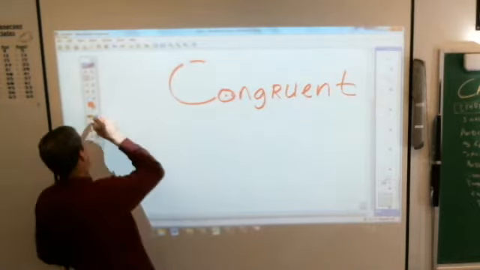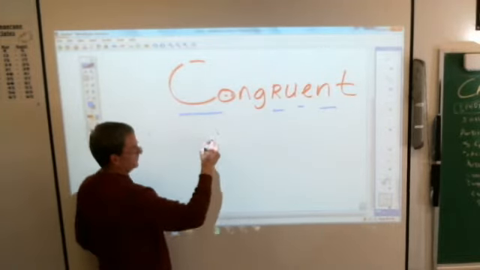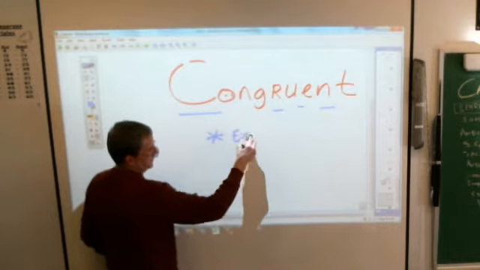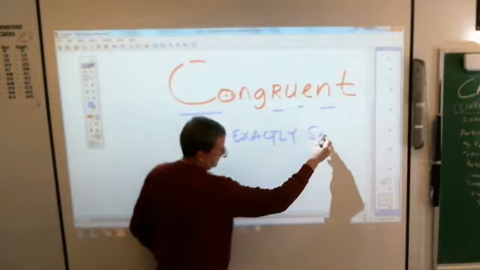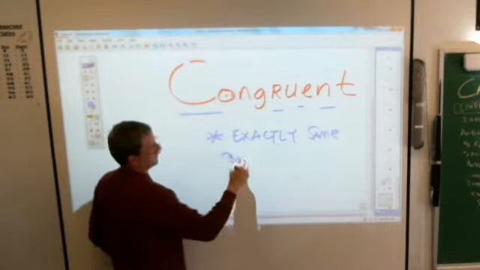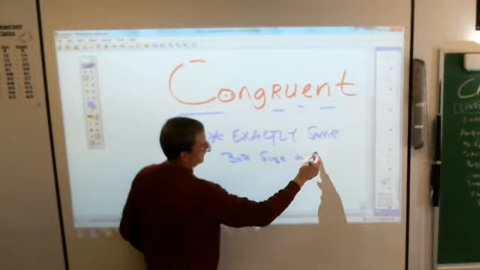What does congruent shapes mean? How is that different than similar? Congruent means they are exactly the same, both size and shape.